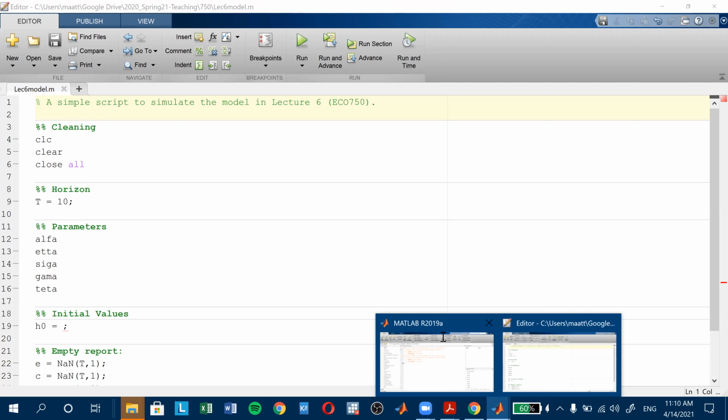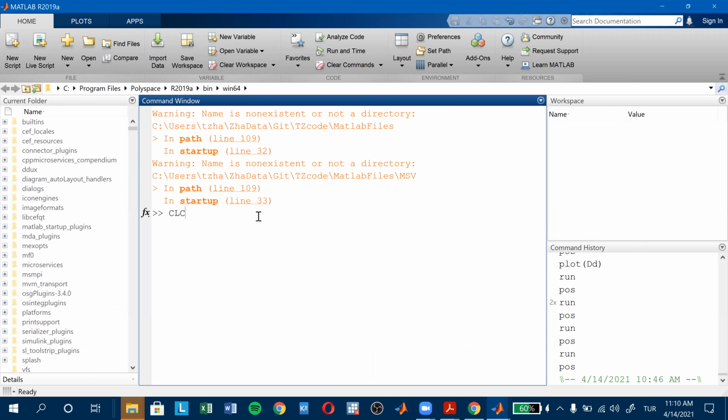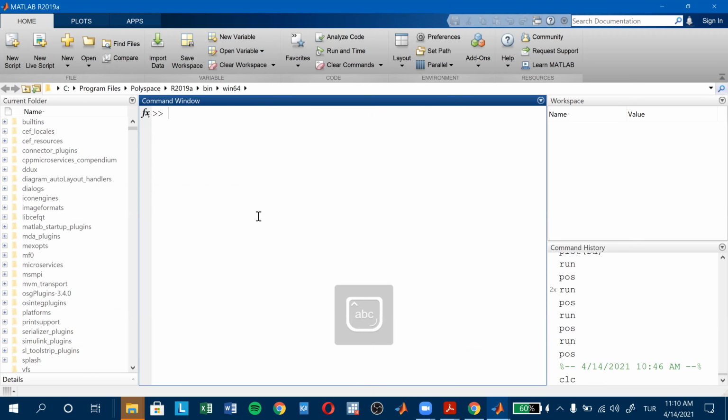This is the main window in MATLAB. When you open MATLAB, you see this. Mine is the 2019 version. This is the workspace. This is the command window. This is the command history.